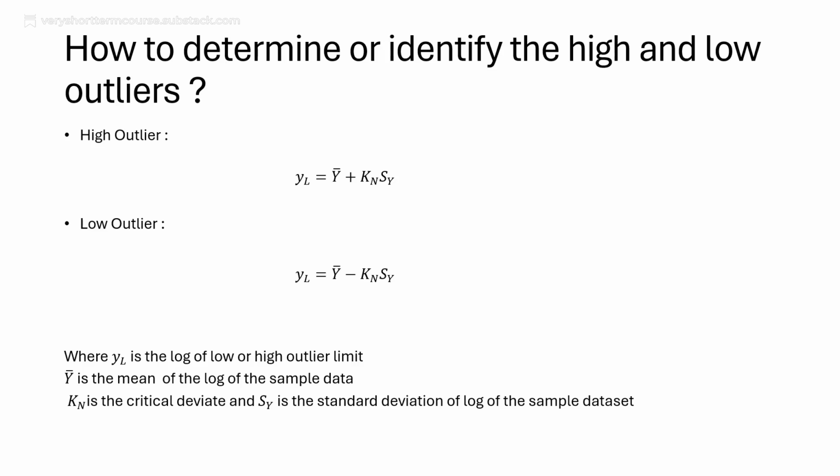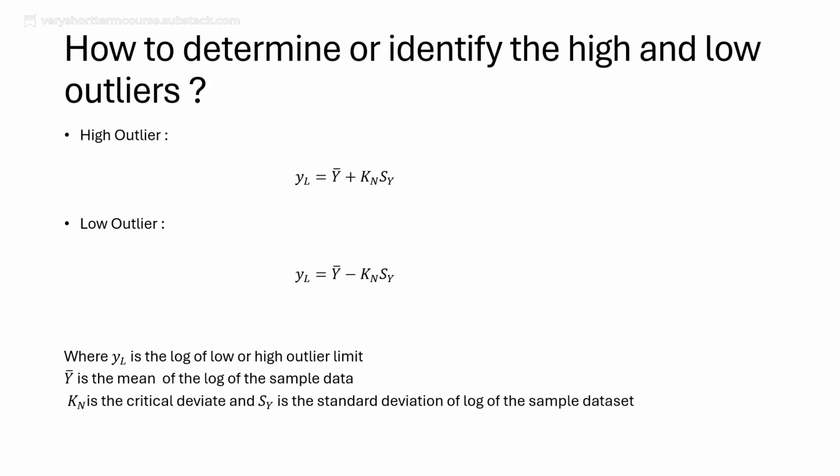Once you have found it, put it into this equation. For the high outlier, you see mean of Y plus K multiplied by standard deviation of Y, right? So that will give you a value that is the high outlier. But to find the high outlier, you have to find the inverse log of that value, correct?